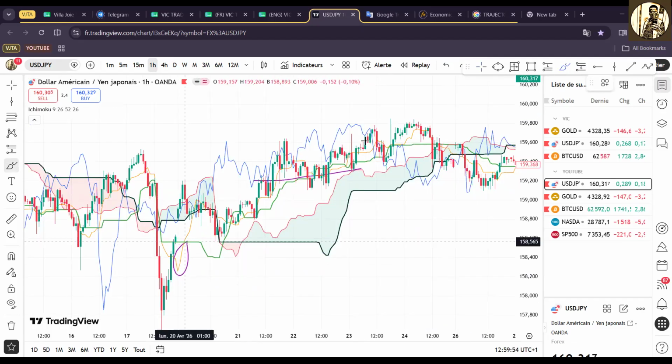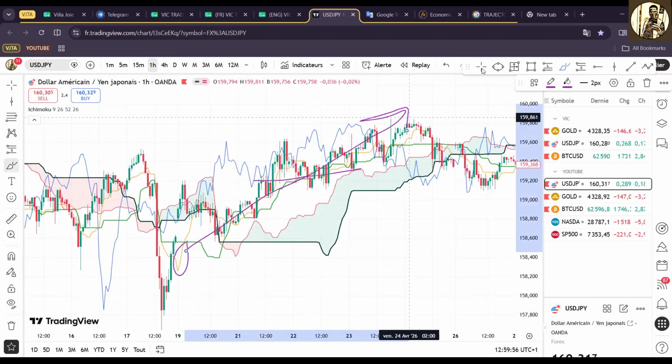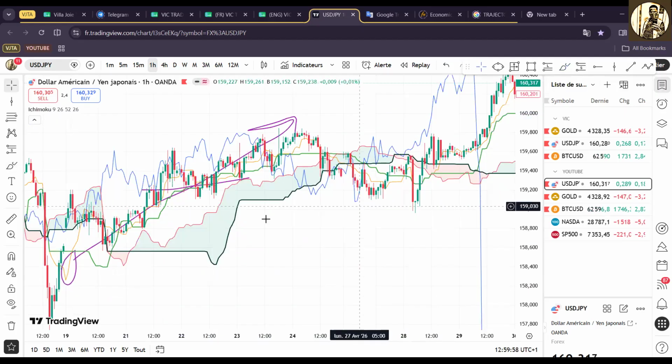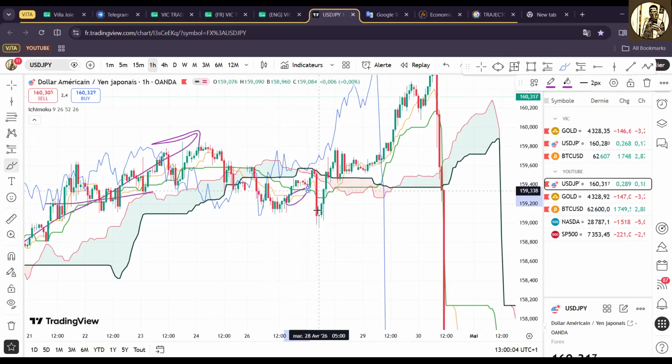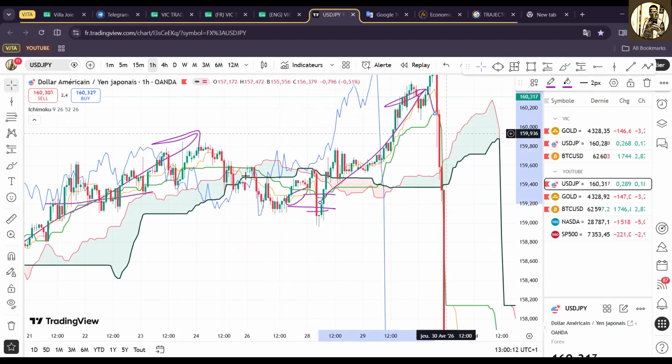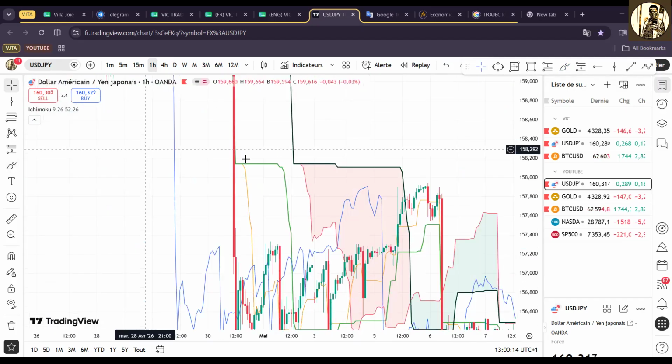That just means that the movement to the upside will be very strong. And other times Tenkan inverted is not touched, and the price comes back and touches that zone and then goes to the upside. It's just because there is a lot of power for the price to go to the upside, right?